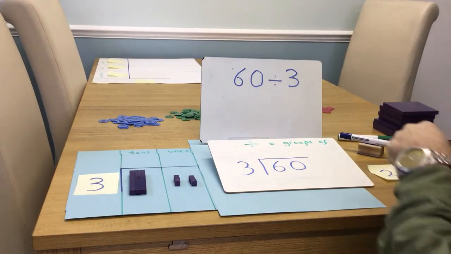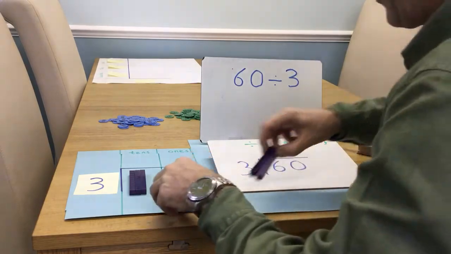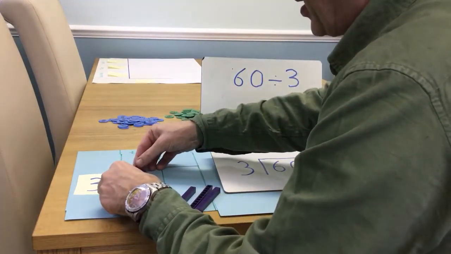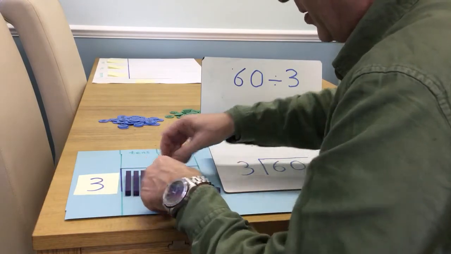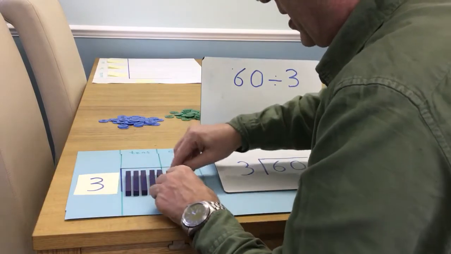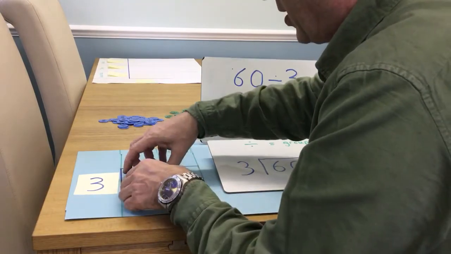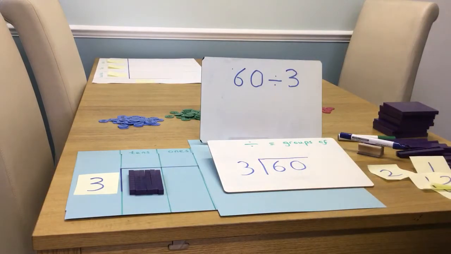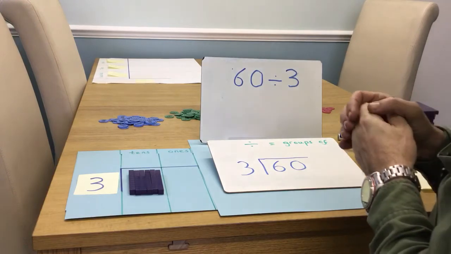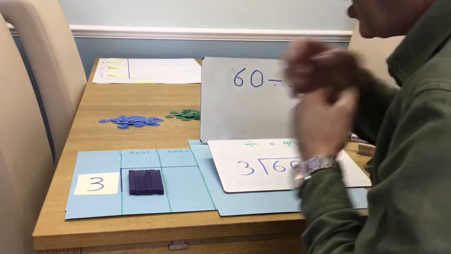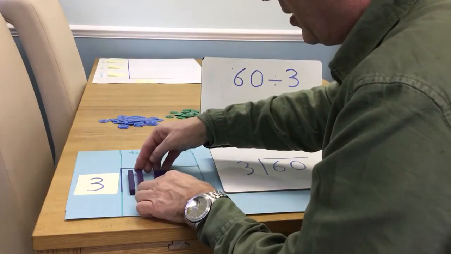So our first question is, well, hang on a minute. We haven't made the number up properly. Now again, I've made a little mistake there, but all I need to do is correct my mistake. So 10, 20, 30, 40, 50. I've got 60 in there. Now it doesn't have a unit, so there's 60. So the first question is, can I make any groups of 3 10s from 60? Well, I think I can. Look, 1, 2, 3.